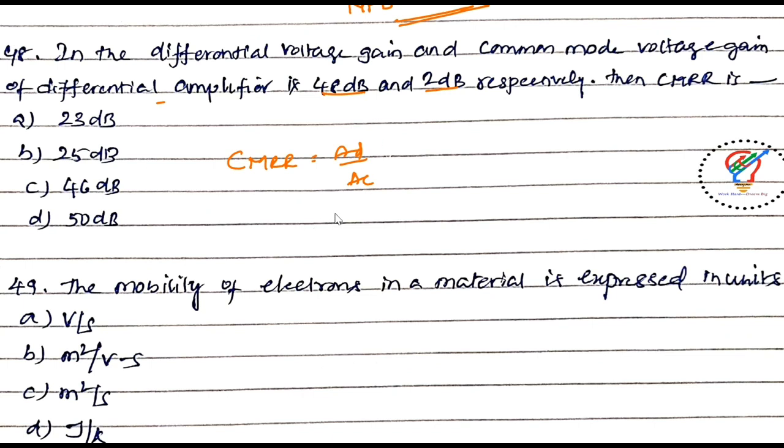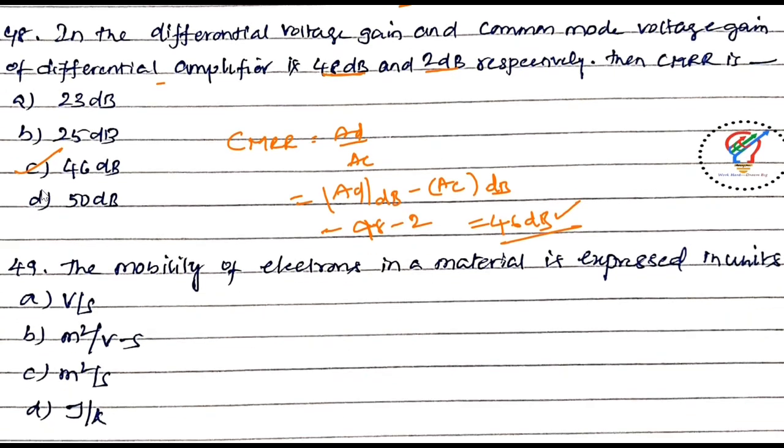So directly AD in dB minus AC in dB, that's 48 minus 2, which is 46 dB. Since the given data is in dB, we subtract directly. So the answer is 46 dB. Next one.